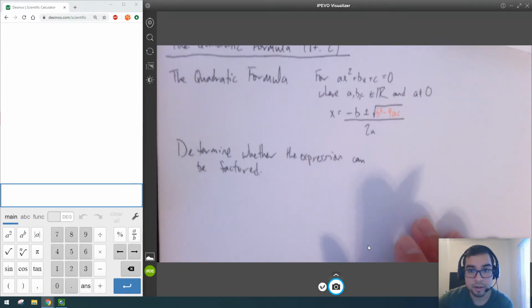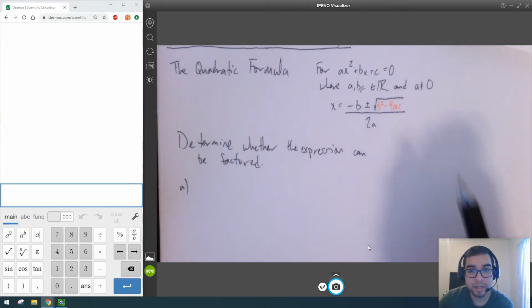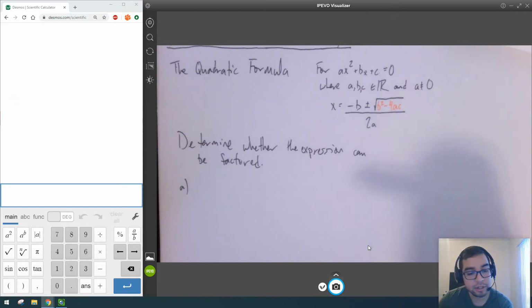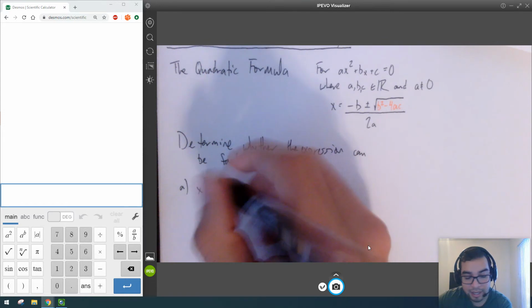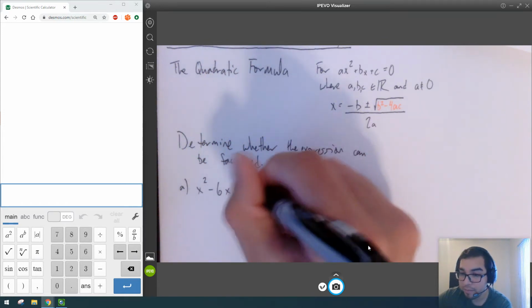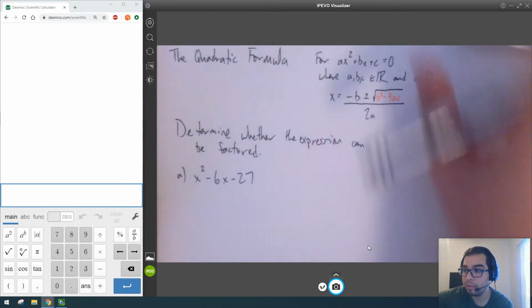Let's take a look at the first one, and we're just going to label it A. Now, the discriminant is this part right here of my quadratic formula that I put in orange. The first expression we're going to take a look at is x squared minus 6x minus 27. Let's identify our variables.